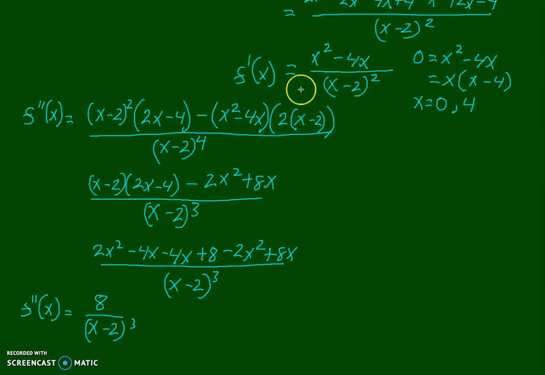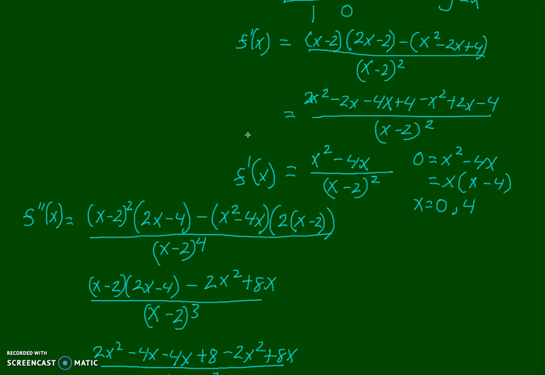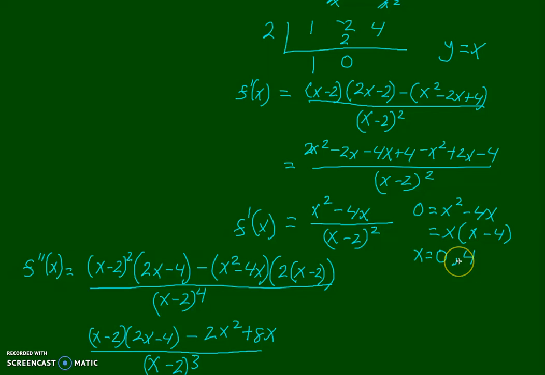Ordinarily, I would have stopped at the first derivative and done my first derivative test. I just kind of got caught up in the derivative moment there. But let's go back to this first derivative and let's use these critical numbers to find our extrema. So we'll put a line across here. Our critical numbers are 0 and 4. Our test values will be negative 1, 1, and 5. So evaluating our first derivative at negative 1, this is positive.